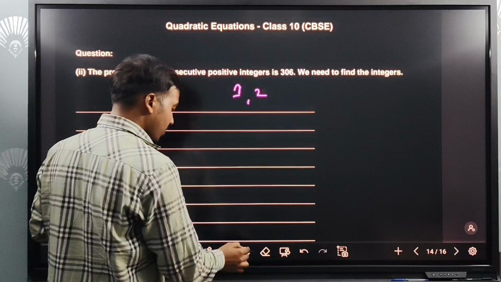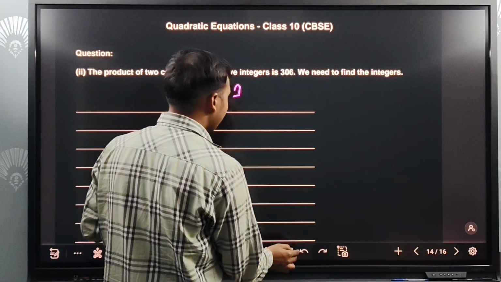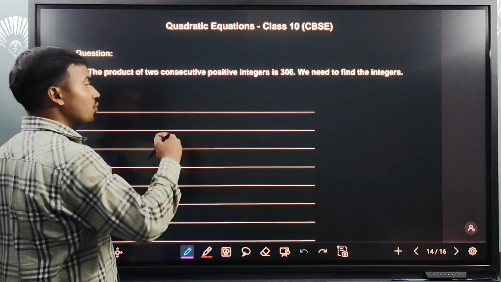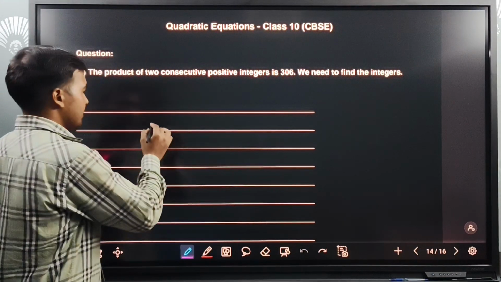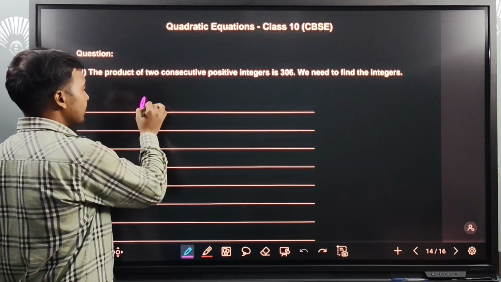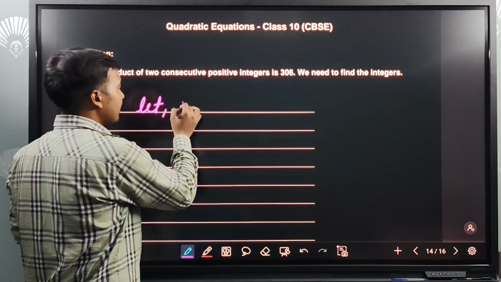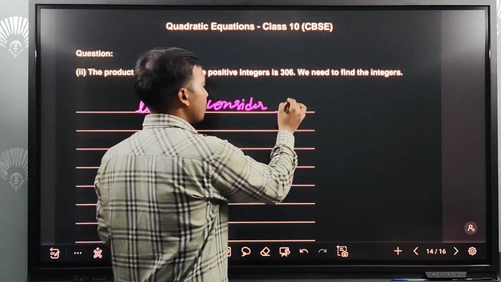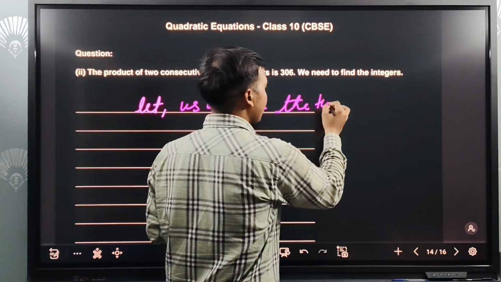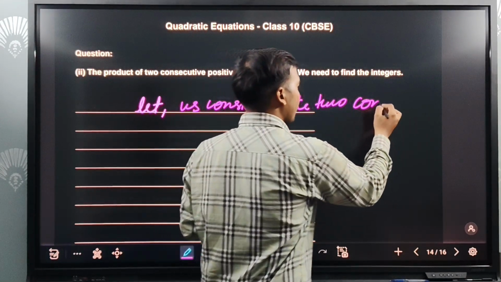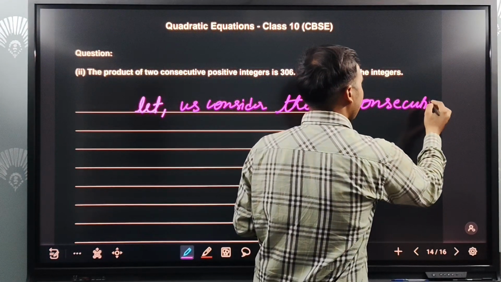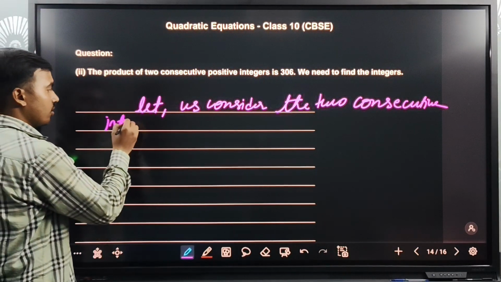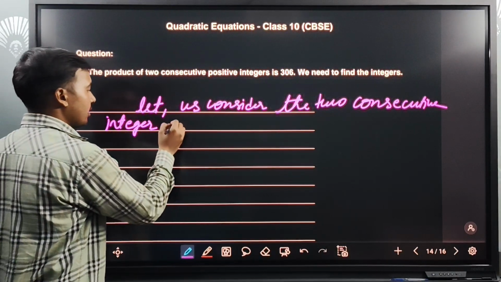So to solve this question, let us consider the two consecutive integers, suppose b.